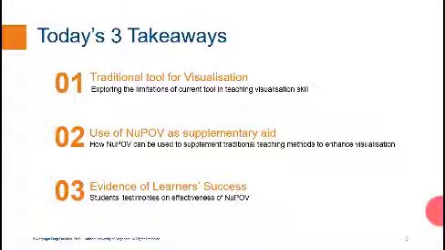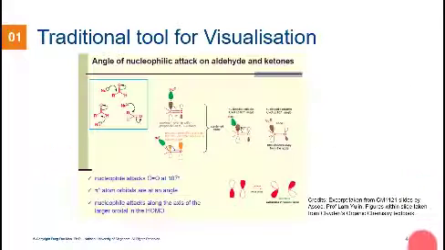And lastly, we showcase evidence of learner success using data from our little pilot research in the SVA method. And of course, having some students' testimony doesn't harm the case for the effectiveness of NUPOF.